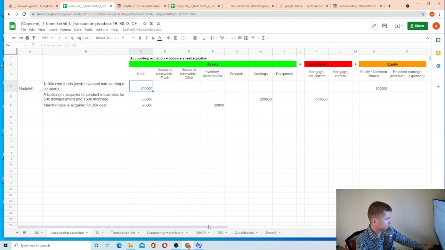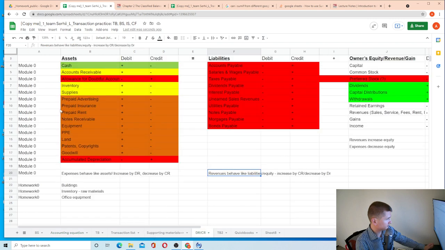As a reminder, I have a supporting document here, debit/credit, and it will show you, for example, cash is an asset, increases by debit, decreases by credit, and we have a summary of main asset accounts here, liabilities accounts, and equity accounts, so we can estimate the impact of what we have.